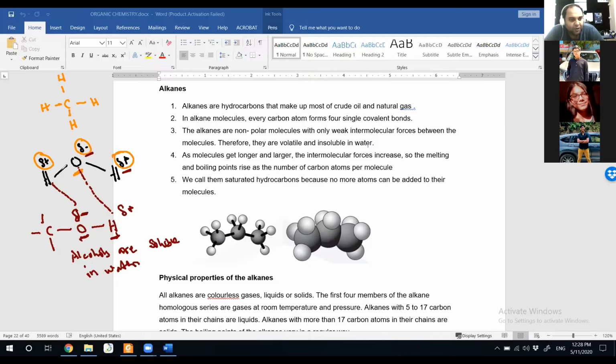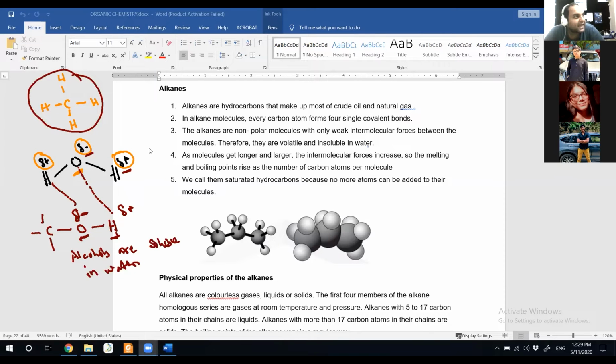But is it possible for alkanes to have these charges? Or do alkanes have these charges? No, sir. So since alkanes do not have these charges, therefore they are not soluble in water.